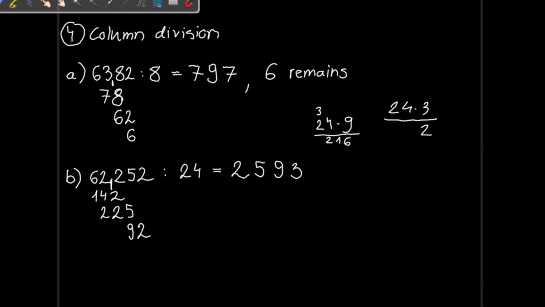It's 72. It's 72. Yeah. Good thing I checked. Therefore, 20 remains. So 20 is smaller than 24. Therefore, the number right here is the quotient, and 20 remains.